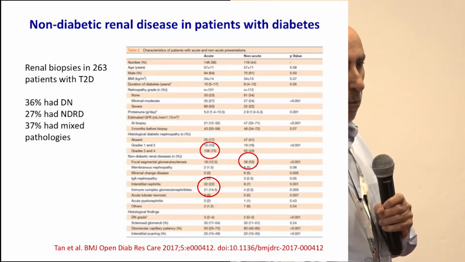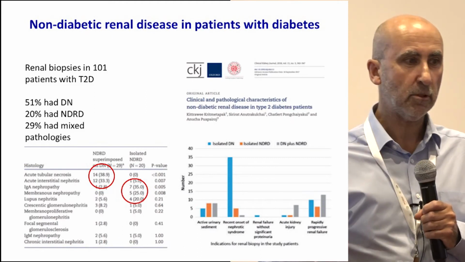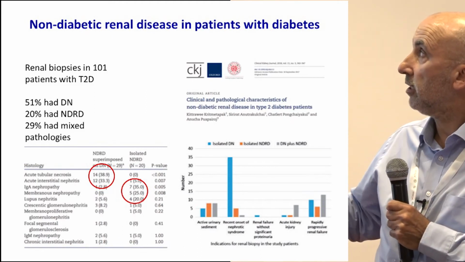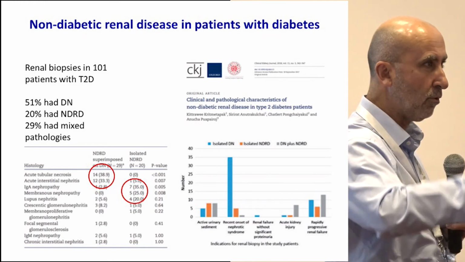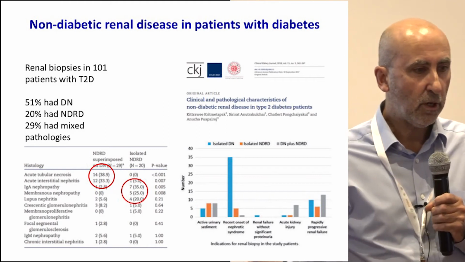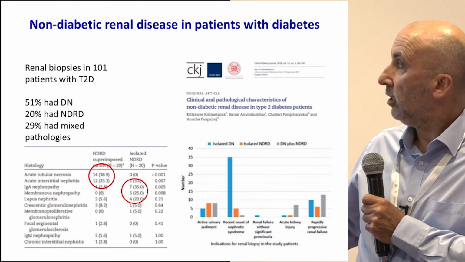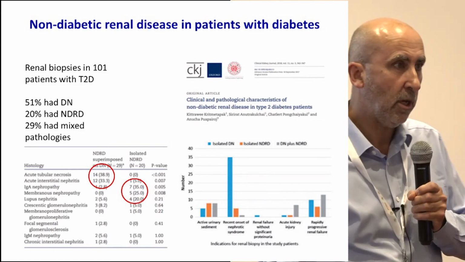What about the association between conditions and the presentation? So this study here divided the presentation into acute and non-acute, acute being the acute nephrotic or the acute deterioration in renal function. In the non-acute presentations, the most common pathology was FSGS.